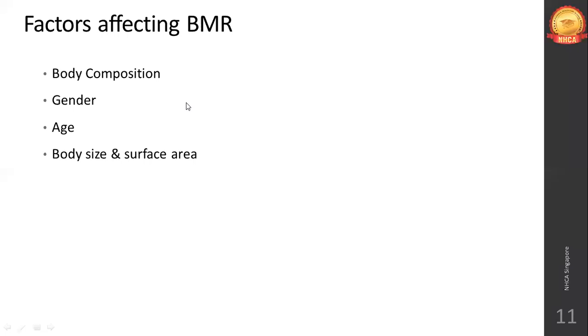Body size and surface area. For example, a tall, thin person will have a greater surface area than an individual who has the same weight but who is short and fat. Who will have the highest BMR? The tall, thin person or a short person who is fat but has the same weight?